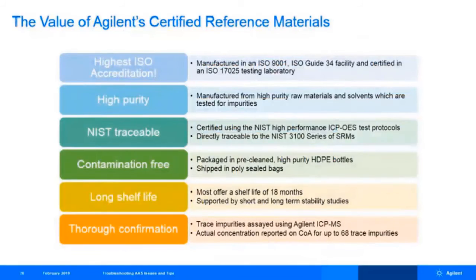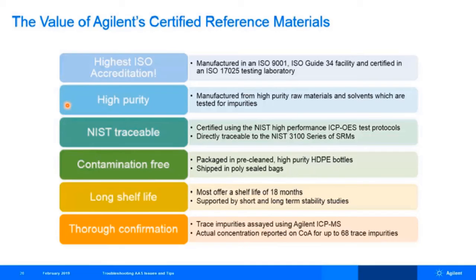This is where Agilent can really help you. Agilent provides a comprehensive range of certified reference materials that are ideally suited to preparation of calibration standards. They provide the highest level of accreditation, being manufactured in an ISO 9001 Guide 34 facility and certified in an ISO 17025 testing laboratory.